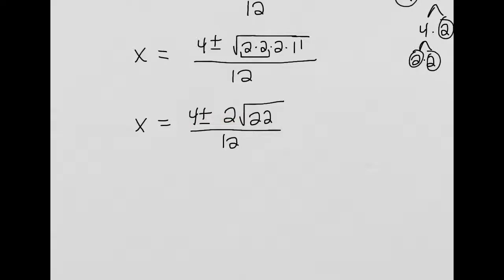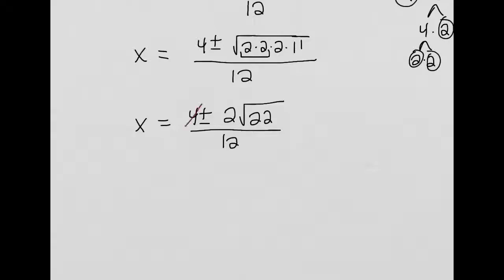Okay, so I mentioned this briefly before, but when I look at the fraction, this guy and this guy are both being divided by 12. So what I want to do is basically simplify both of those fractions at the same time. So what I notice is that for this fraction, 2 is a common factor, and for this fraction, 2 is also a common factor there. So I am going to reduce the fractions.